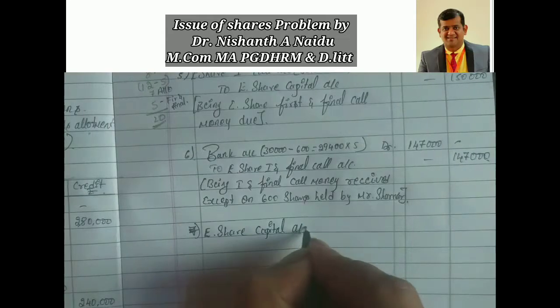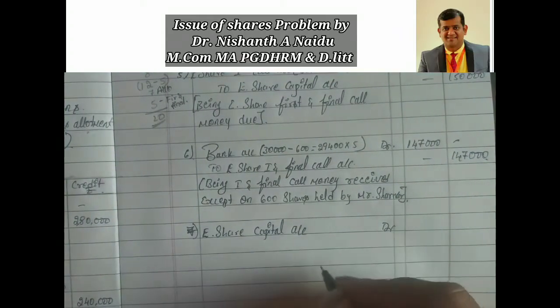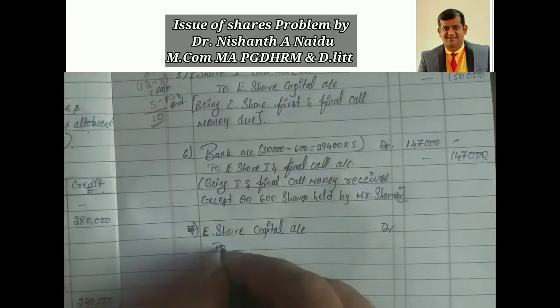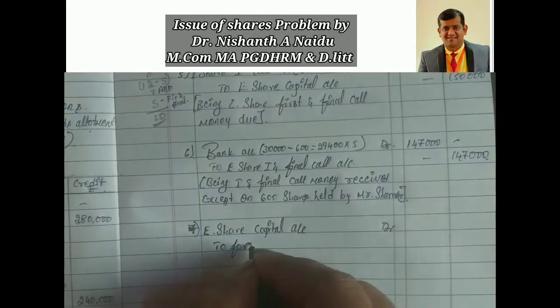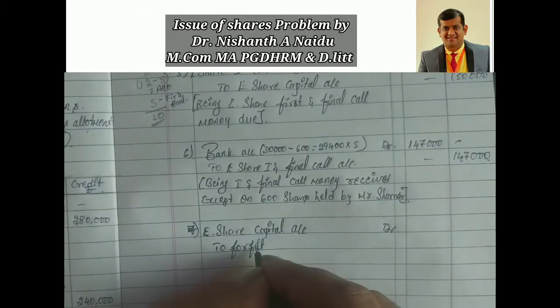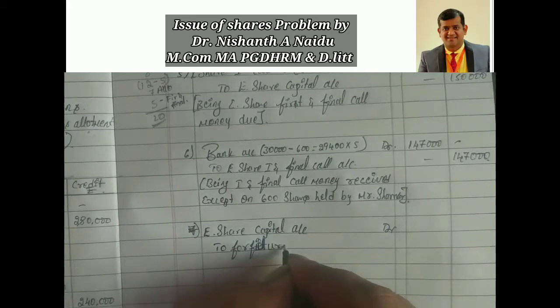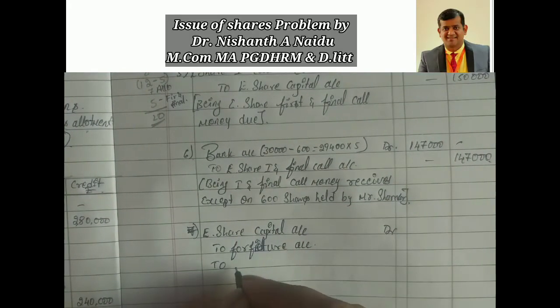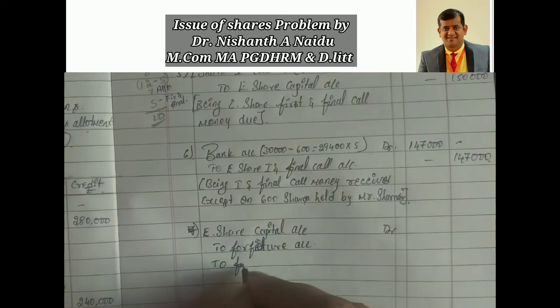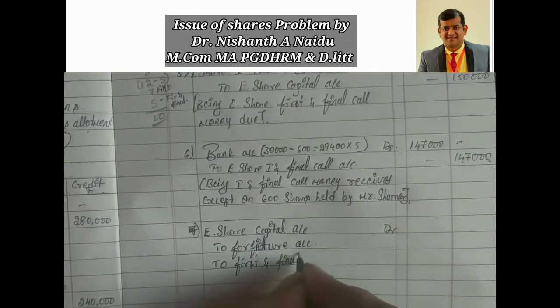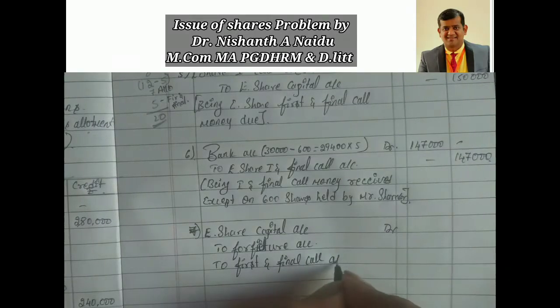Equity share capital account debtor to equity share forfeiture account, and to the account on which money has not been paid, first and final call account.